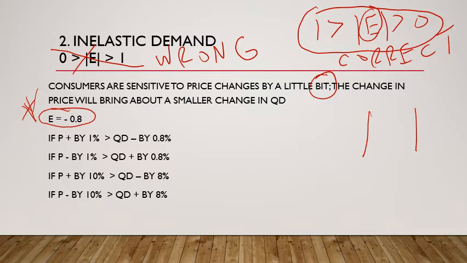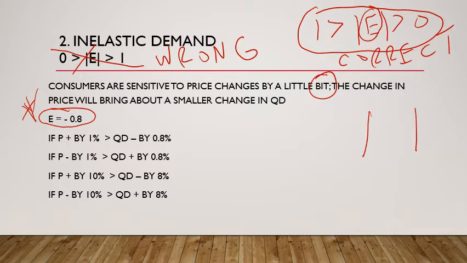And if we decrease the price by 1%, then quantity demanded will go up by 0.8%. On the other hand, if we increase the price by 10%, quantity demanded will go down by 8%. And if we decrease the price by 10%, quantity demanded will go up by 8%. All right, so that's the meaning of inelastic demand.